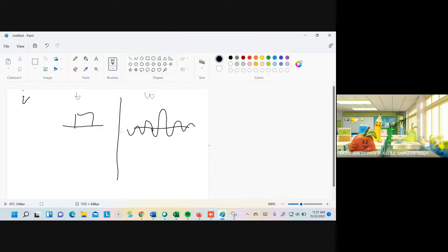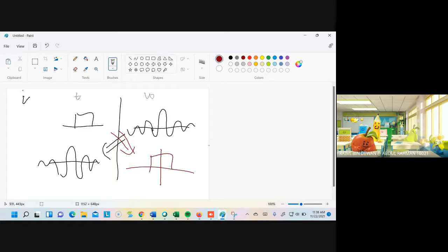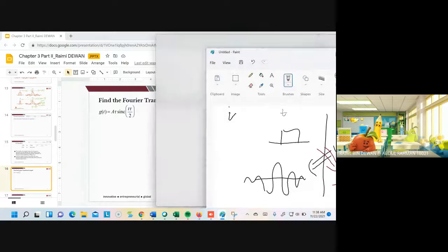So the duality is that now you have the same shape of sinc, but it is in the time domain. Then when you want to obtain the time domain for this sinc signal, you will have a rectangular.